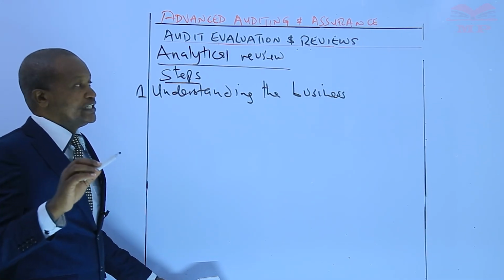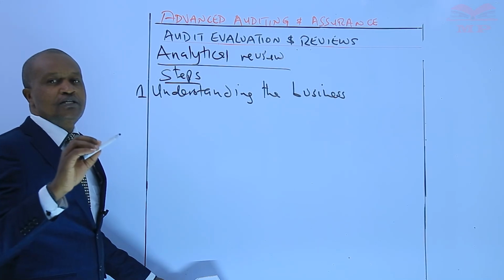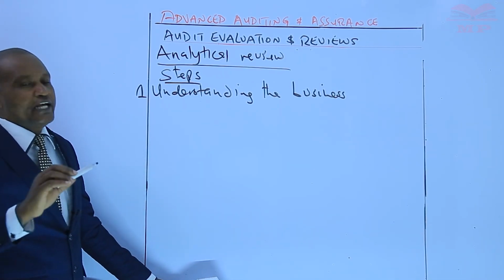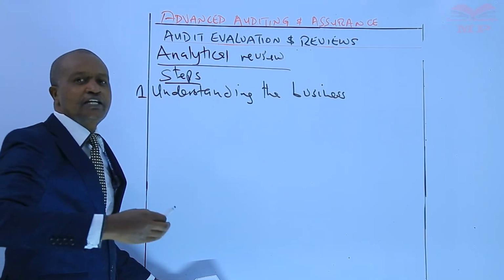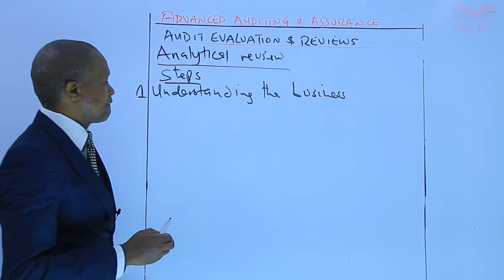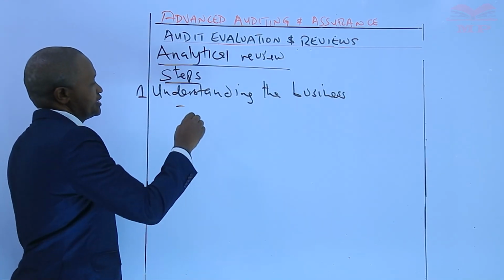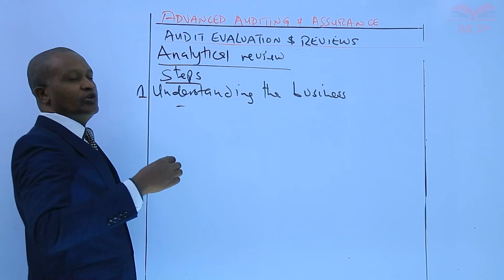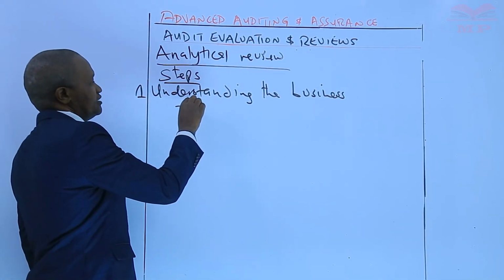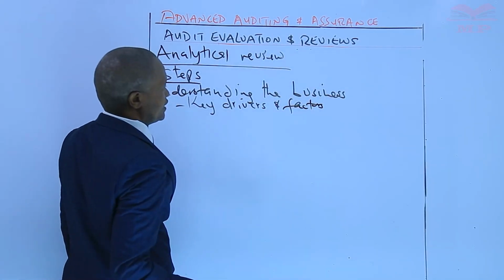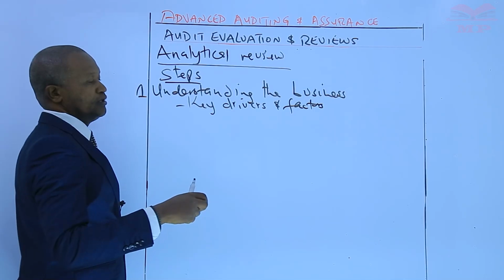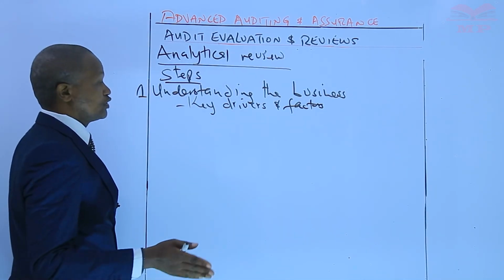And this understanding helps in identifying the key drivers and factors that influence the financial performance and results. Understanding the business helps the auditor to know the key drivers and factors that influence the financial performance and the results of a business.